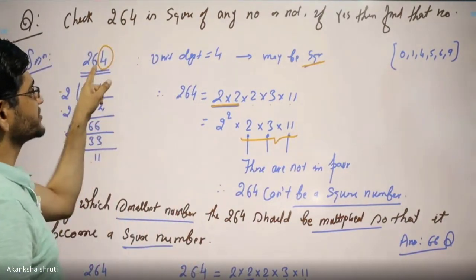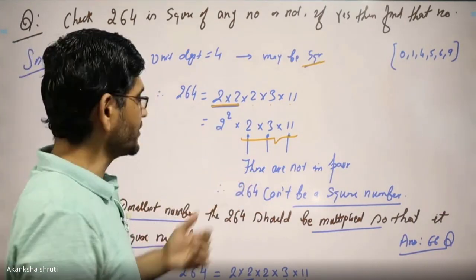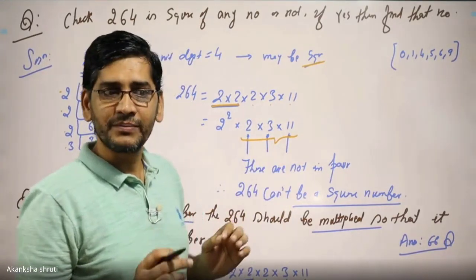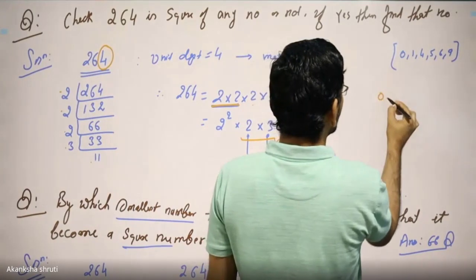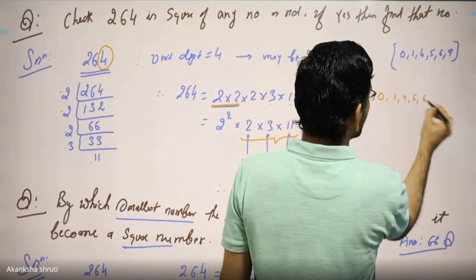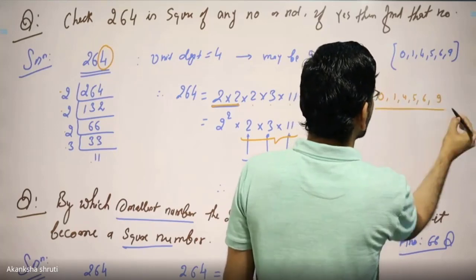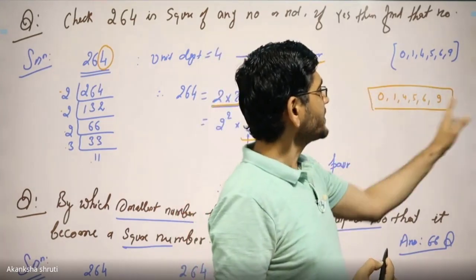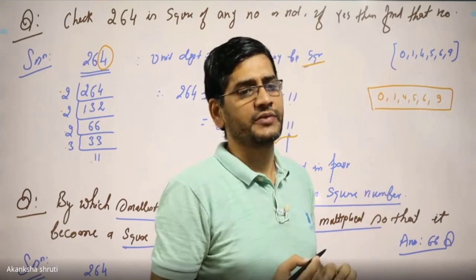Though just by watching the unit digit we may say something, whether it is in fact a square or not, for that we have to go for factorization. So remember that if the unit digit is 0, 1, 4, 5, 6, 9, students, if the unit digit is not among these digits, then surely the number will not be a square.